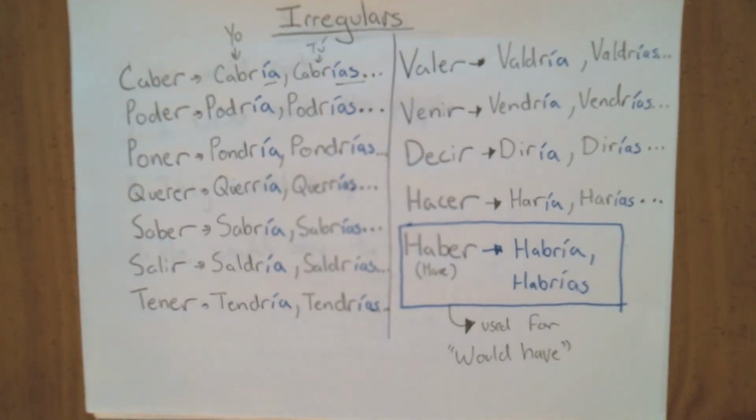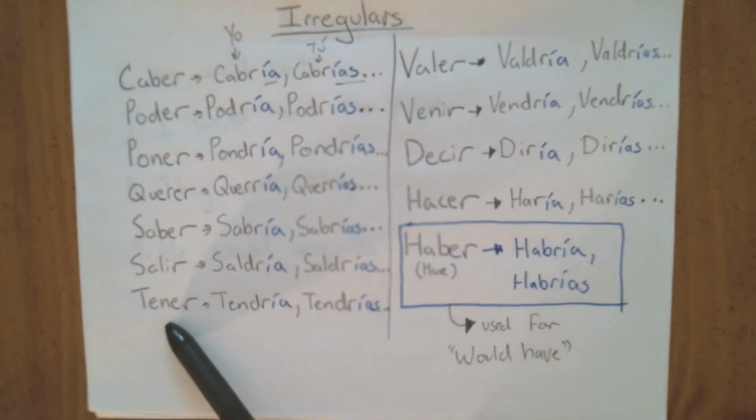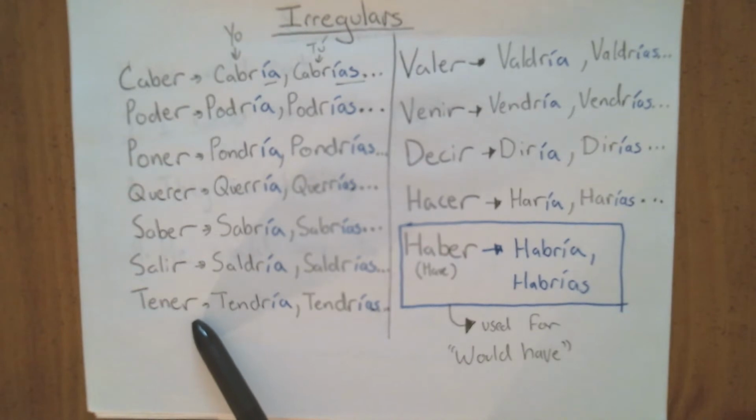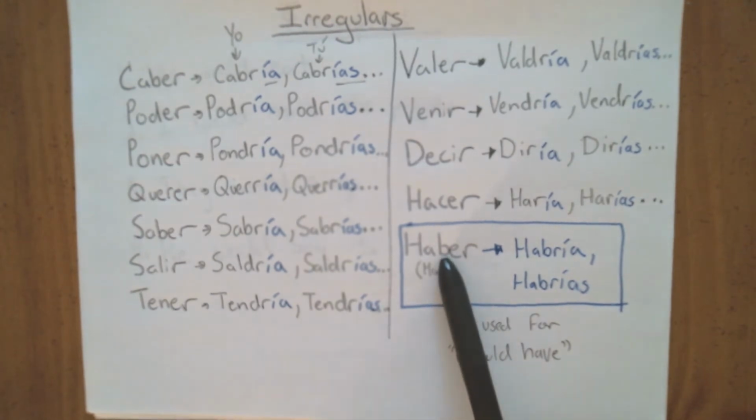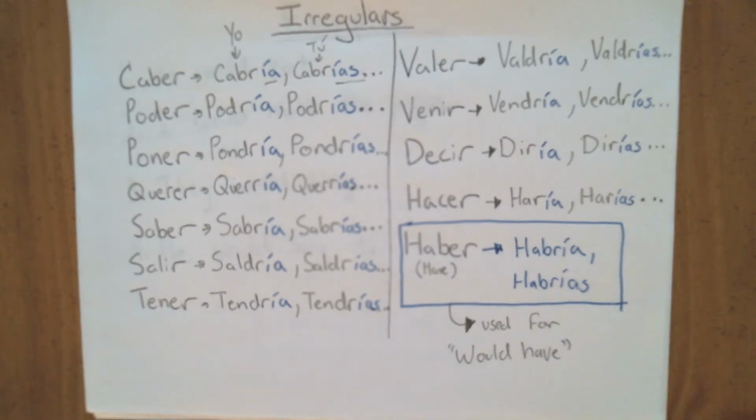Tener means have in the possessive sense, like if you were to say, I have $3, or my brother has an Xbox, or something like that. This is possessive have. Haber is past tense have. This is like when you say, I have finished my homework, or she has taken out the trash. You get the idea? That kind of have does not mean possession. It's just used to express something that happened in the past. And that is what haber means.